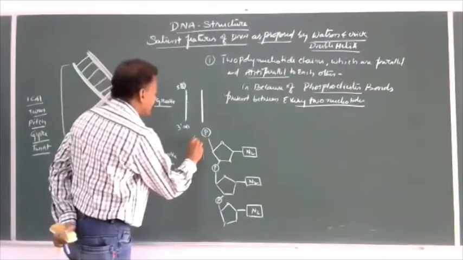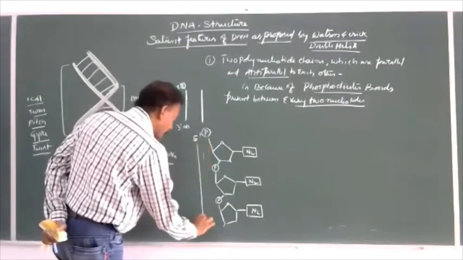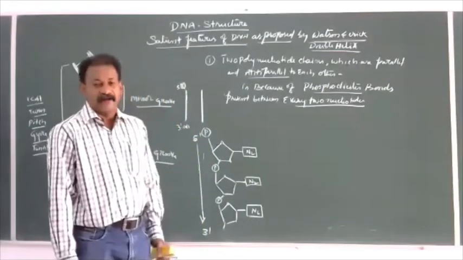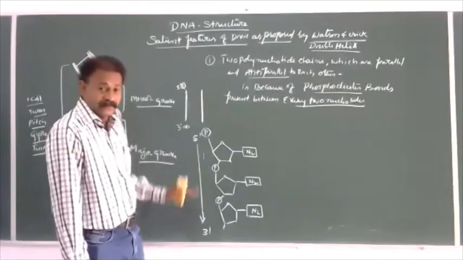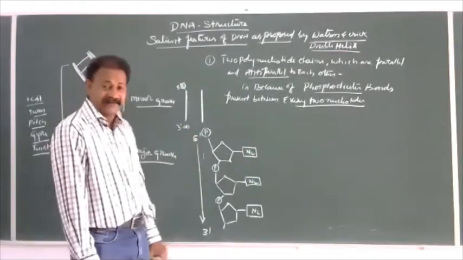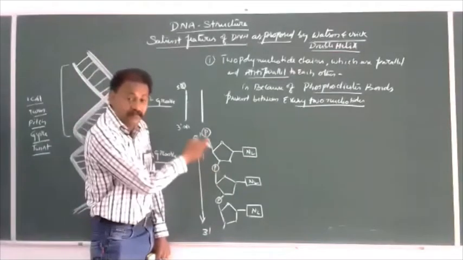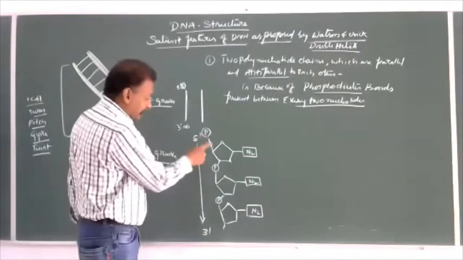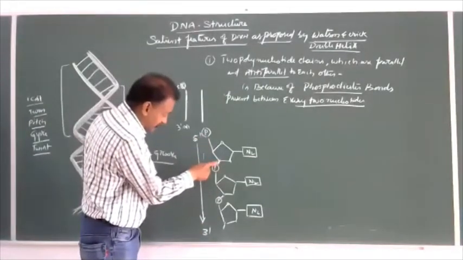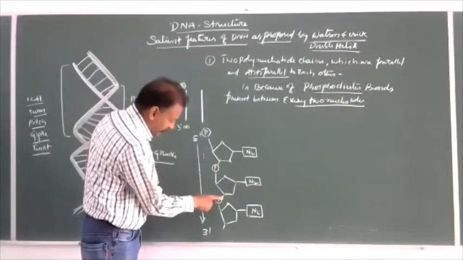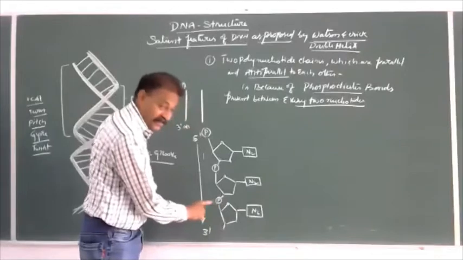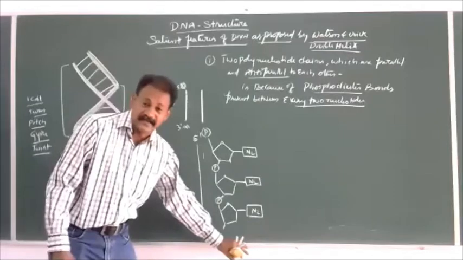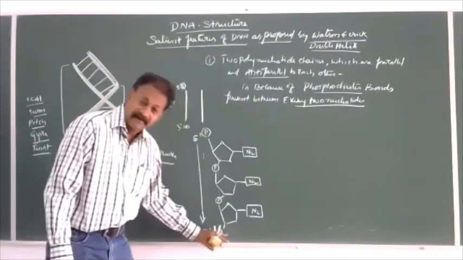So this is called 5' to 3' orientation, or the polarity of this strand based upon the phosphodiester bond formation, in the 5' to 3' direction. 5', then it is bonded with 3', again 5', 3', continuous. And if another nucleotide is there, again 5', 3'.